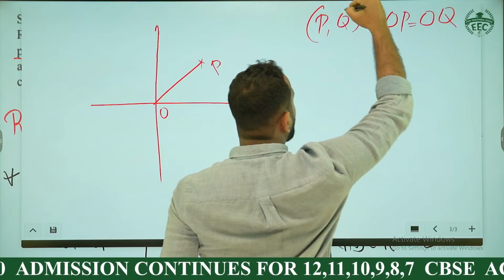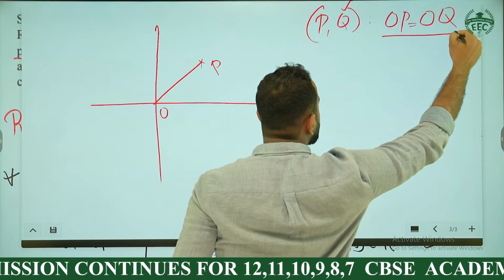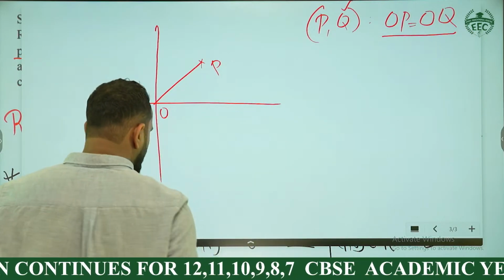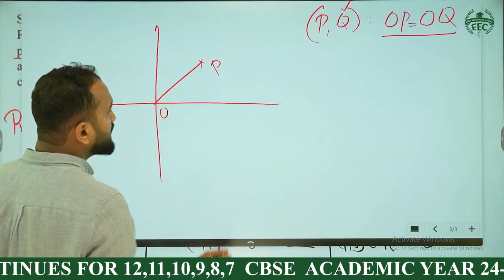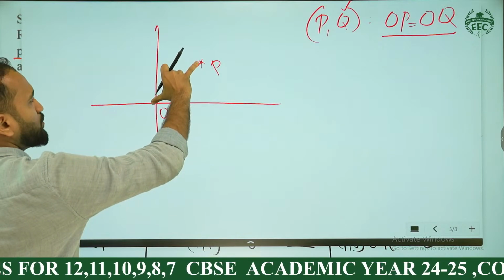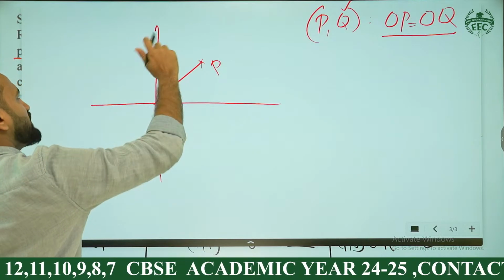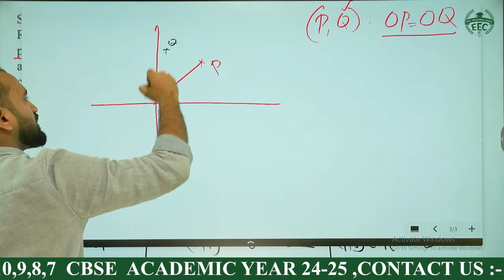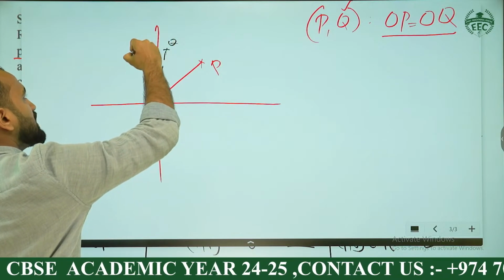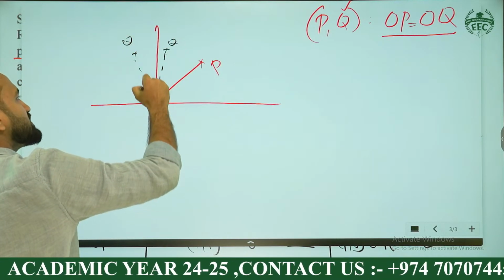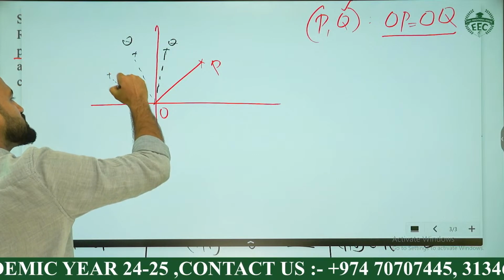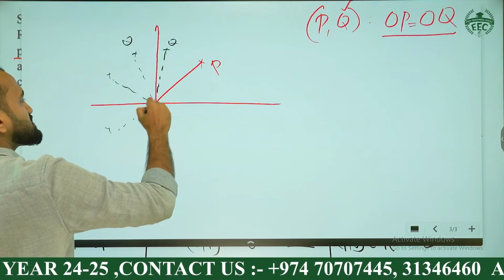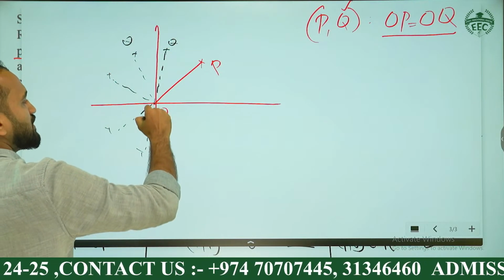So all the points Q which satisfy OP equal to OQ are the points related to P. Tell me what those points are. You can define another point Q such that this will be like this, and another Q like this, like this, like this.